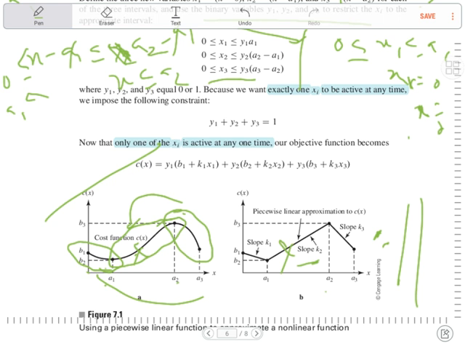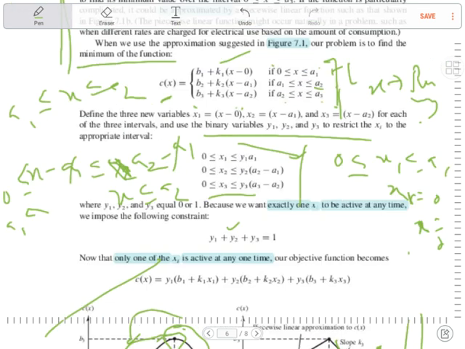So at a time, if I say my point is here, definitely the point is not anywhere else. So in that case y2 is active, and I have to consider this interval.